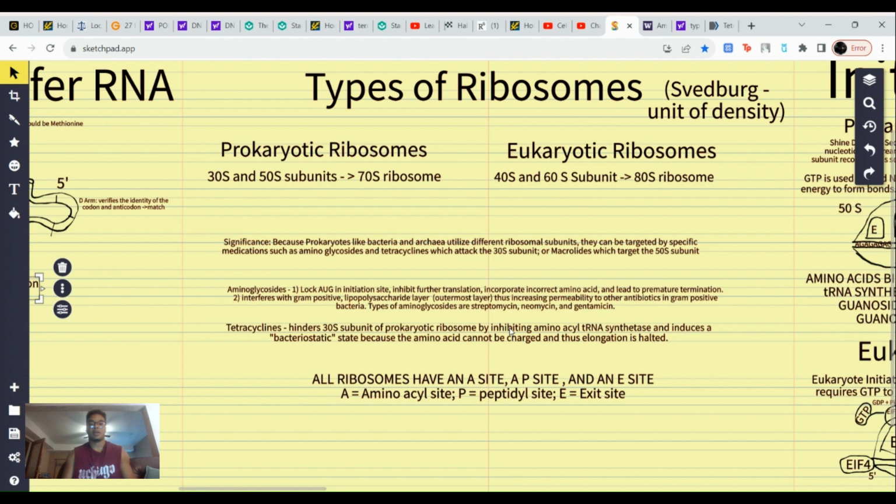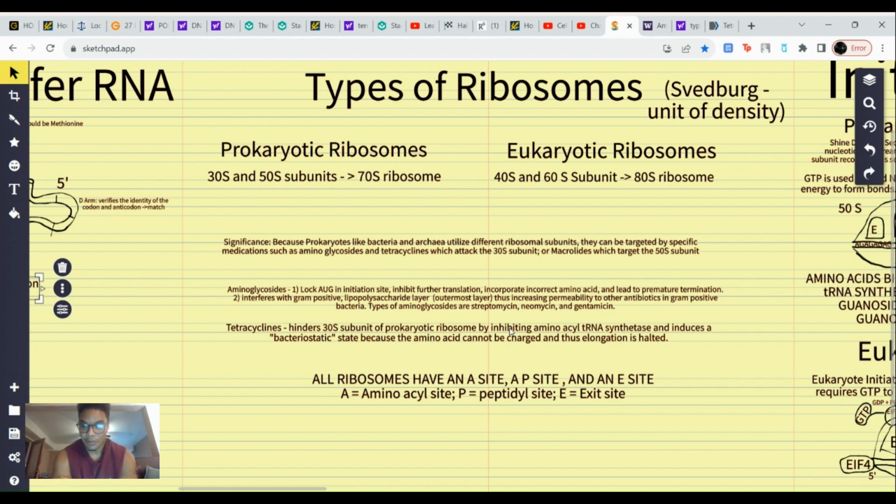Okay. So, what kind of ribosomes are there? As we know, there are prokaryotic ribosomes in cells before the nucleus, and then eukaryotic ribosomes in eukaryotic cells that have nuclei. Starting with the prokaryotic ribosomes, they have a 30S and 50S subunit, which come together and make a 70S ribosome.